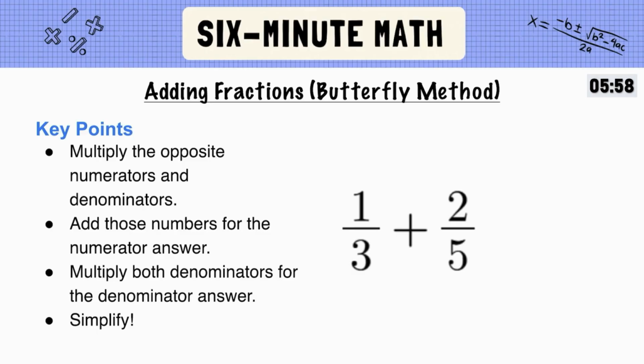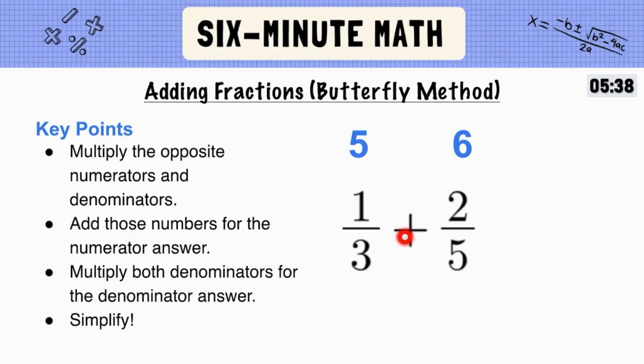Our key points when we are adding fractions using the butterfly method is we are first going to multiply the opposite numerators and denominators together. What does this look like? I'm going to multiply 1 times 5 to get 5, and then 3 times 2 to get 6.